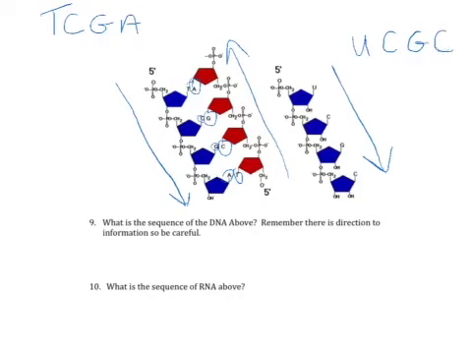Now, it's important to note here because in the next two questions, you were asked to look at what's the difference between RNA and DNA. Please notice that in DNA, there is no oxygen here.